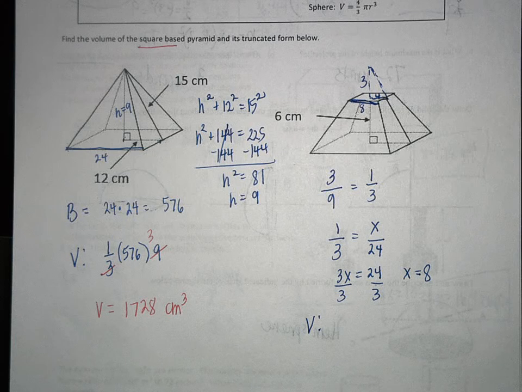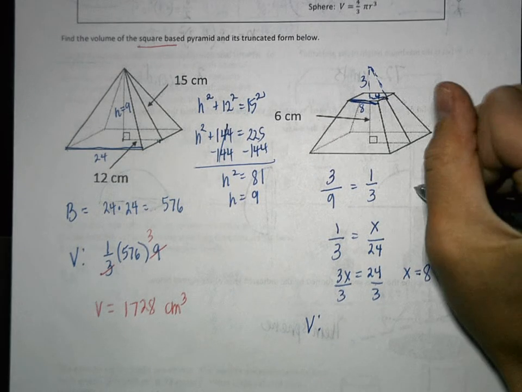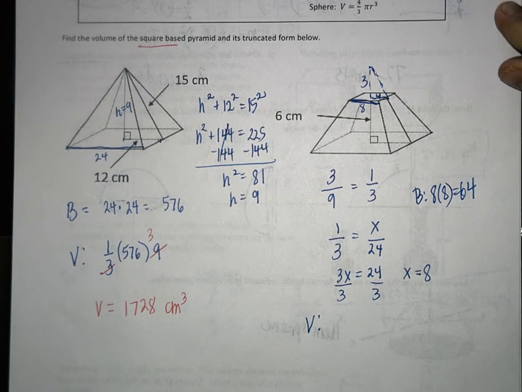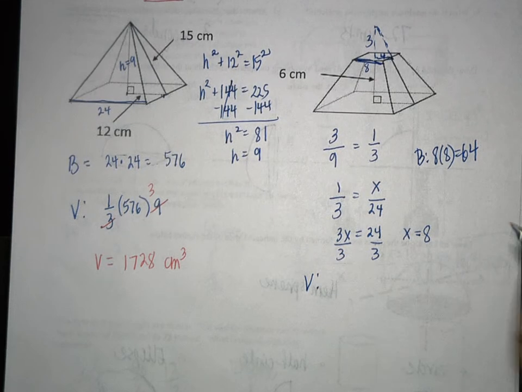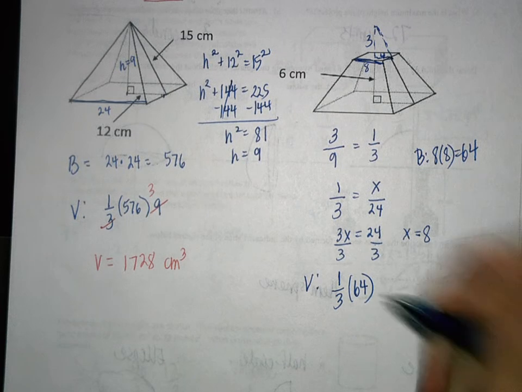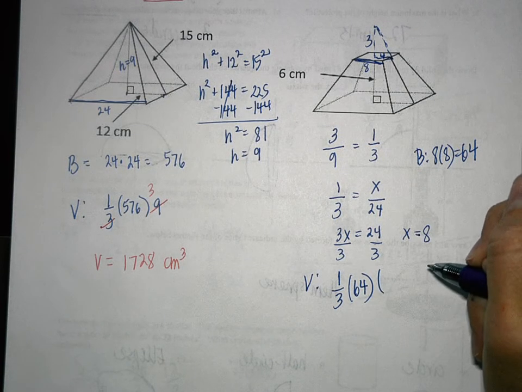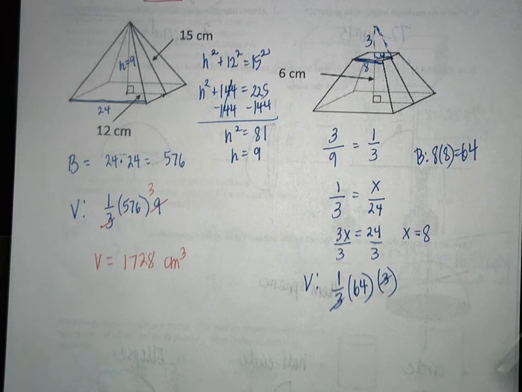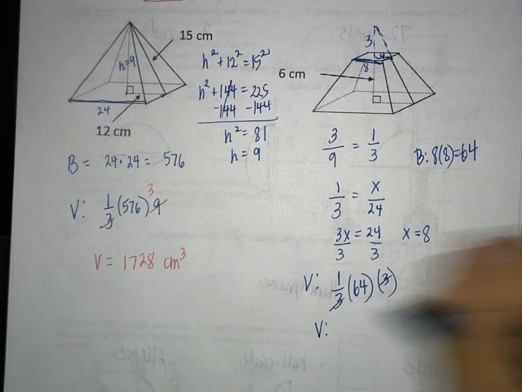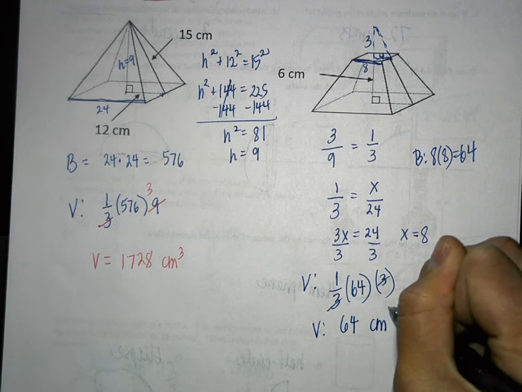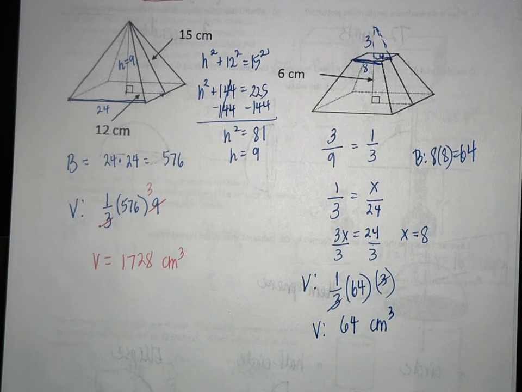Your base area would be 8 times 8, which is 64. So finding your volume would be 1/3 times 64 times what? 3, your height. So the 3's cancel out, and your volume is 64 centimeters cubed.